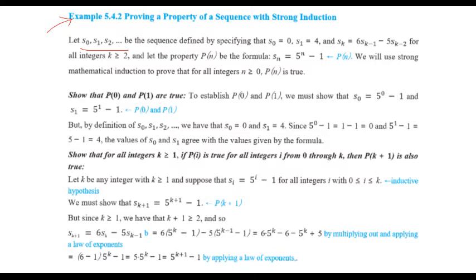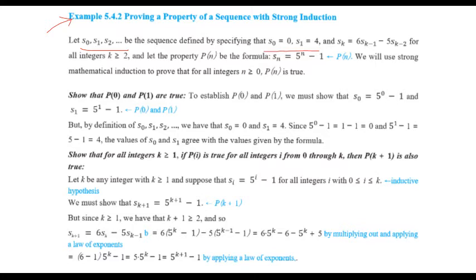In this sequence, the initial terms are S0 is 0, S1 is 4, and the other terms are defined recursively. Basically, we have S sub k is equal to 6 S sub k minus 1 minus 5 S sub k minus 2. This recursive equation is true for all integers k greater than or equal to 2.